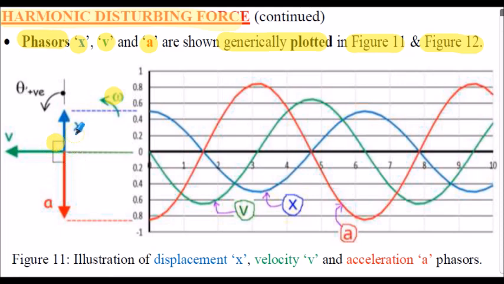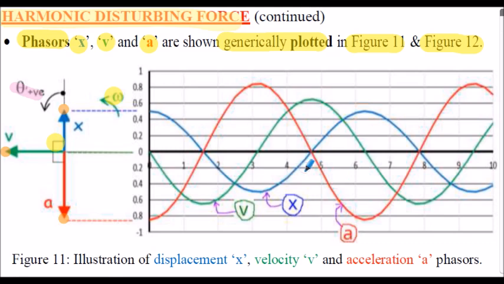But if we use the method of projections by plotting the various points of the respective vectors on our graph for the particular angle turned through, we can plot the various waveforms. And that's what's shown in the right hand graph.